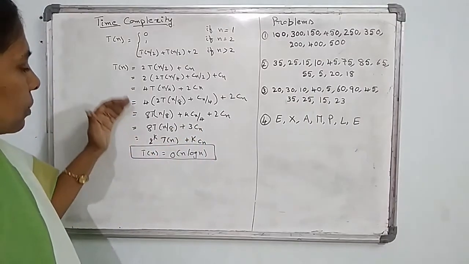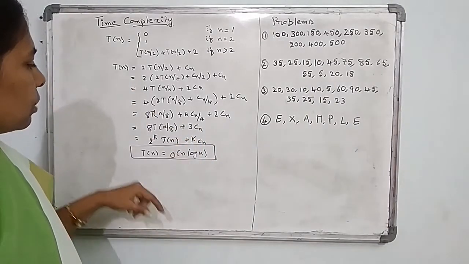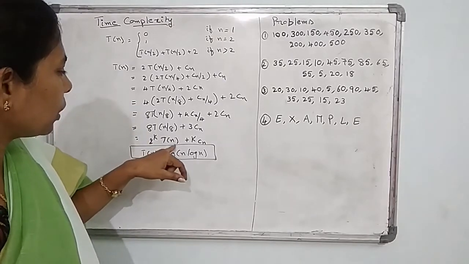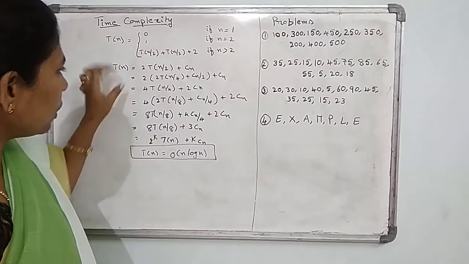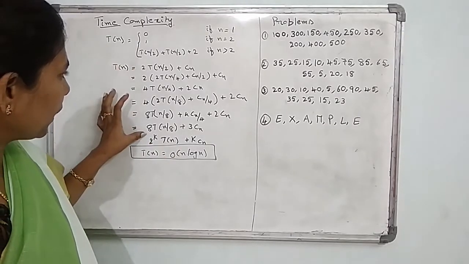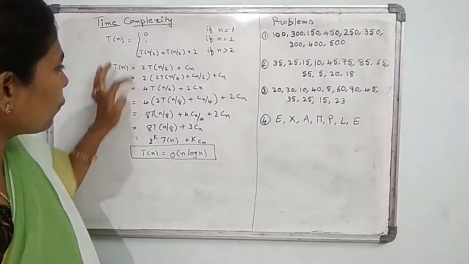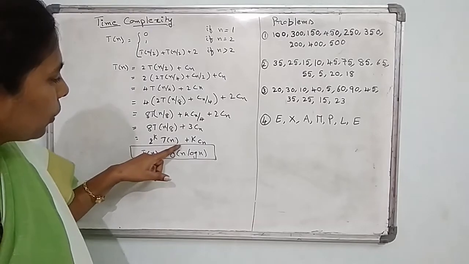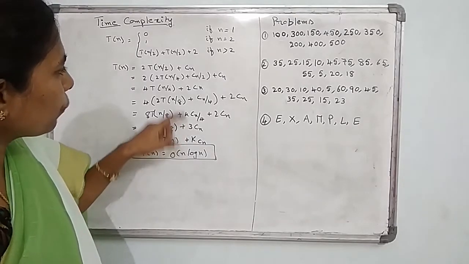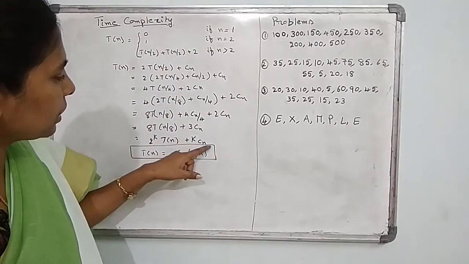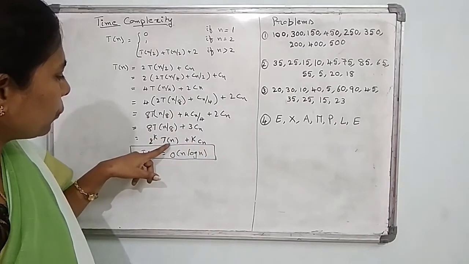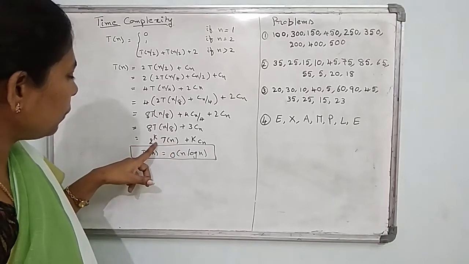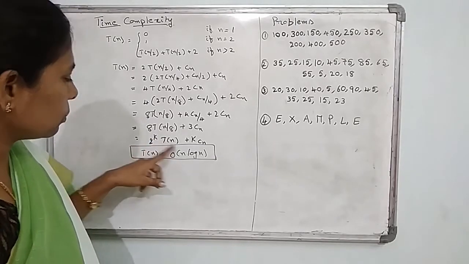If you apply a similar process, you can replace this equation with 2 power k times T(n/2^k). Taking 2, 4, 8 as 2 power 1, 2 power 2, 2 power 3, it becomes 2 power k times T(n) plus k cn, with k equal to 1, 2, 3.